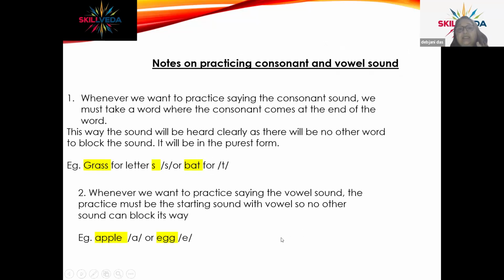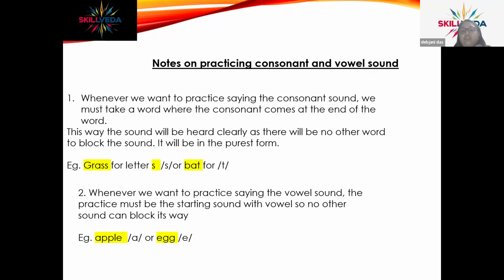So there is basically a practice for how you are going to teach them the consonant and vowel sounds. As I said in the beginning, we are going to learn the purest form of sound in Jollyphonics. Jollyphonics teaches us the purest form of sound.